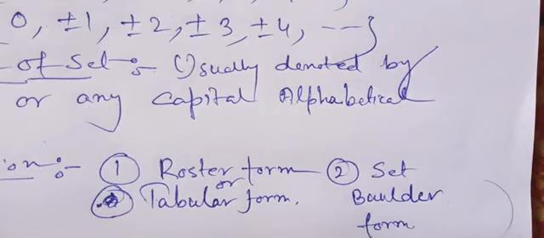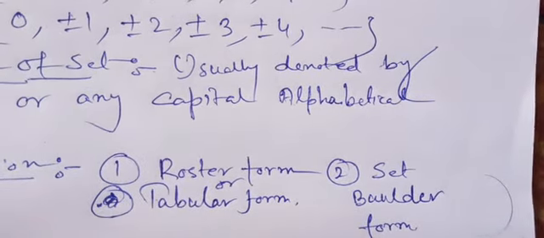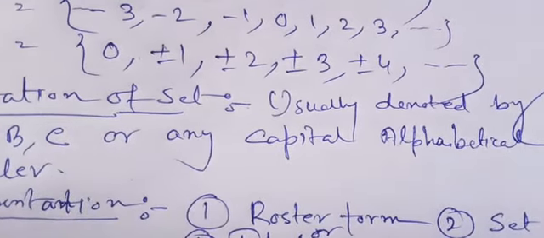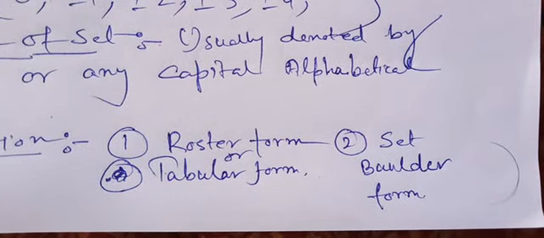So my first form is the roster or tabular form, that I have already done. Here you can understand this is my roster form or tabular form, and this form is my set builder form.